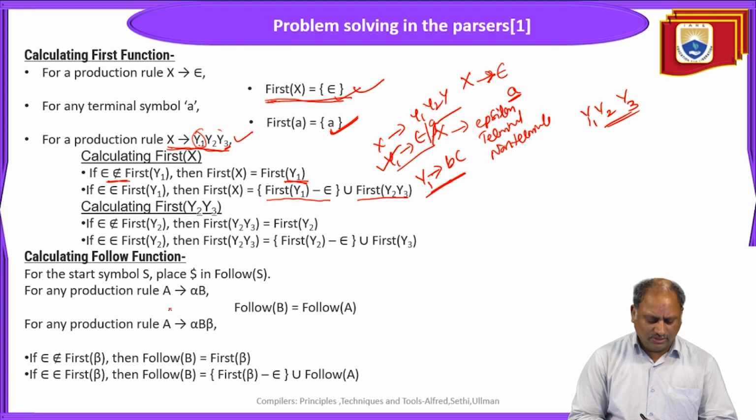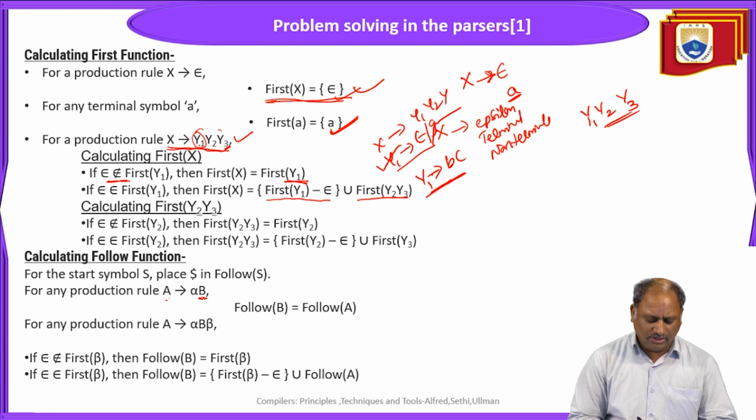Follow is computed with a set of rules. The first rule is A derives alpha B. So what is the follow of B? For calculating first, we look for where the symbol appears on the left hand side, whereas for follow, we look for where the non-terminal appears on the right hand side of the production.